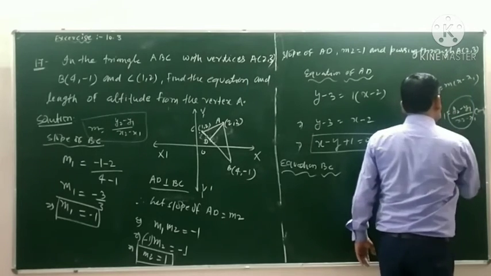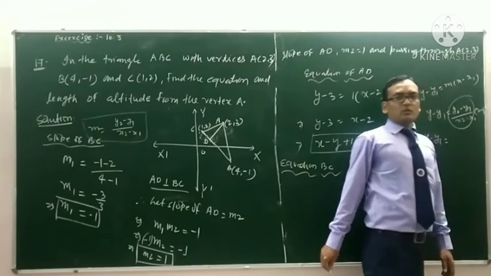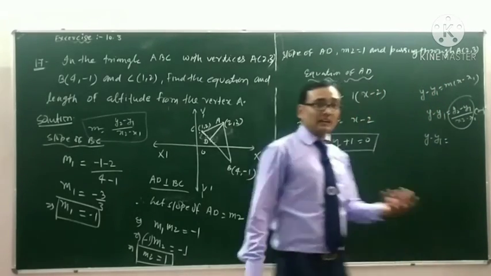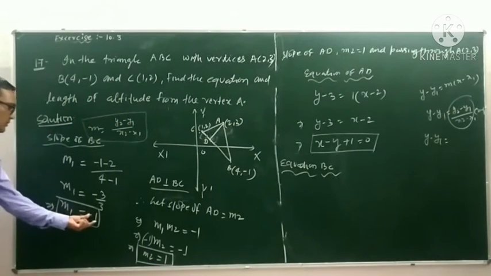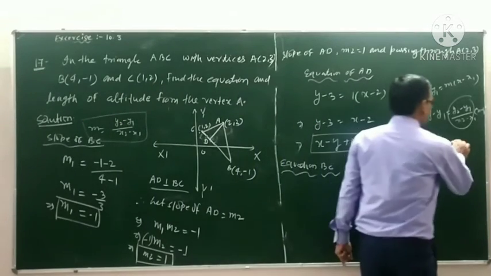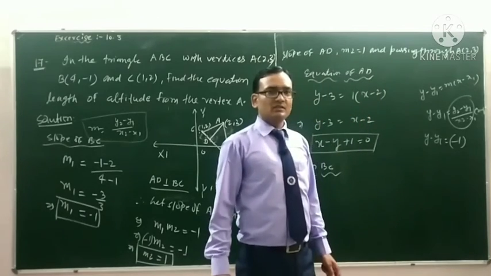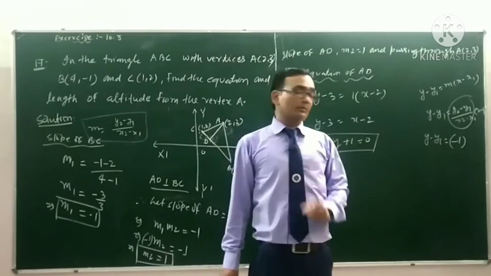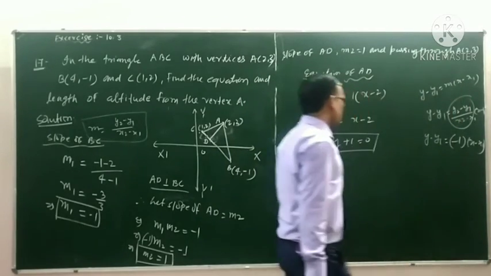Here y2 minus y1 upon x2 minus x1 we also find as minus 1. This is the slope of the line BC, and then x minus x1.